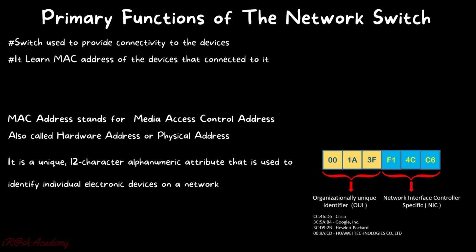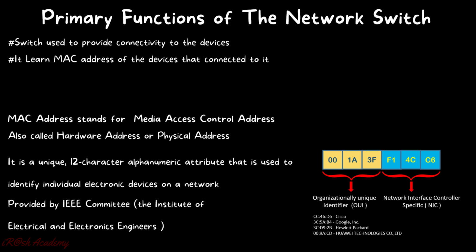By identifying that, we can identify the hardware manufacturer. The last 6 characters denote the Network Interface Controller specific part, or NIC. This is provided by the hardware manufacturer internally to identify the devices. The OUI is provided by the IEEE committee. IEEE stands for the Institute of Electrical and Electronics Engineers.